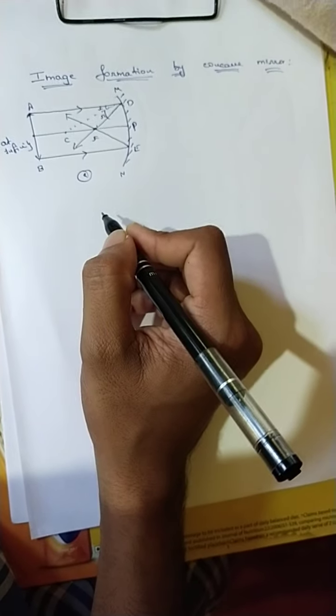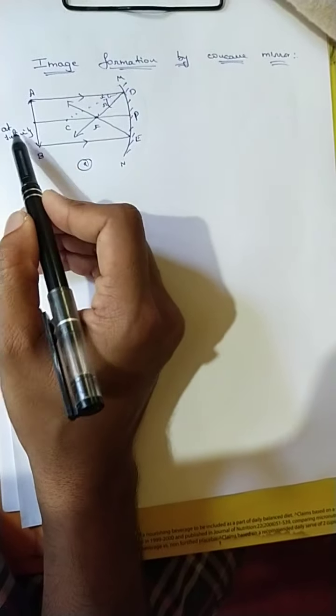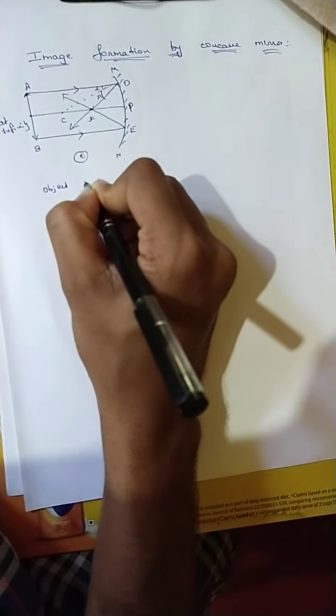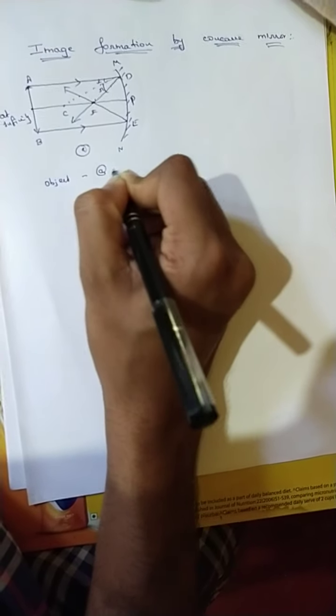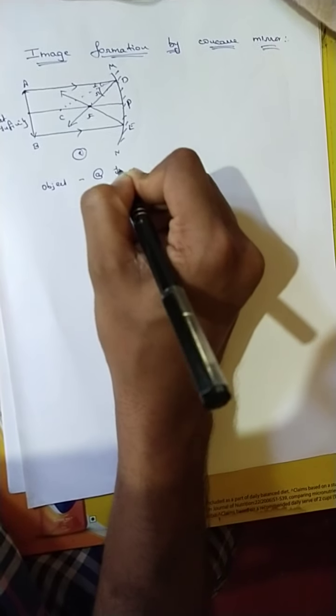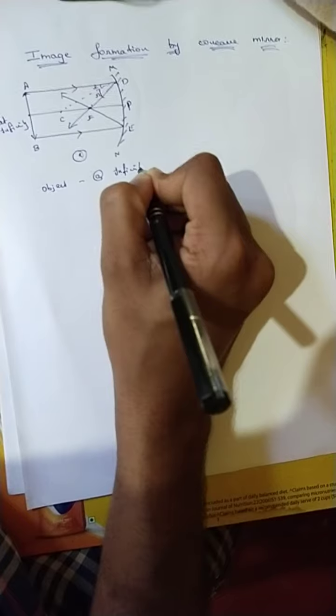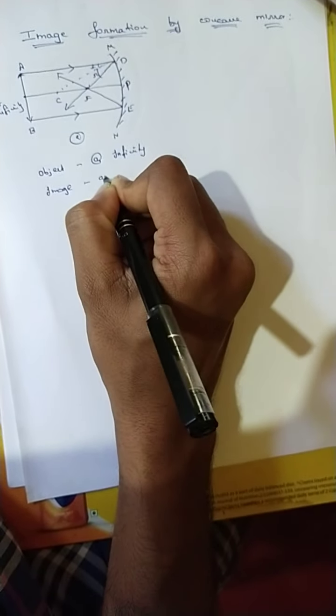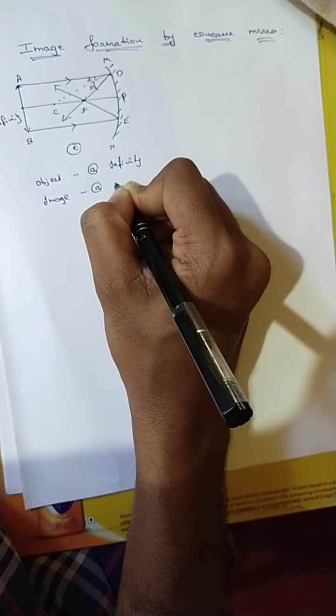Right. Then again the second diagram. In the first diagram the object is placed at infinity, and the image is obtained at the principal focus.